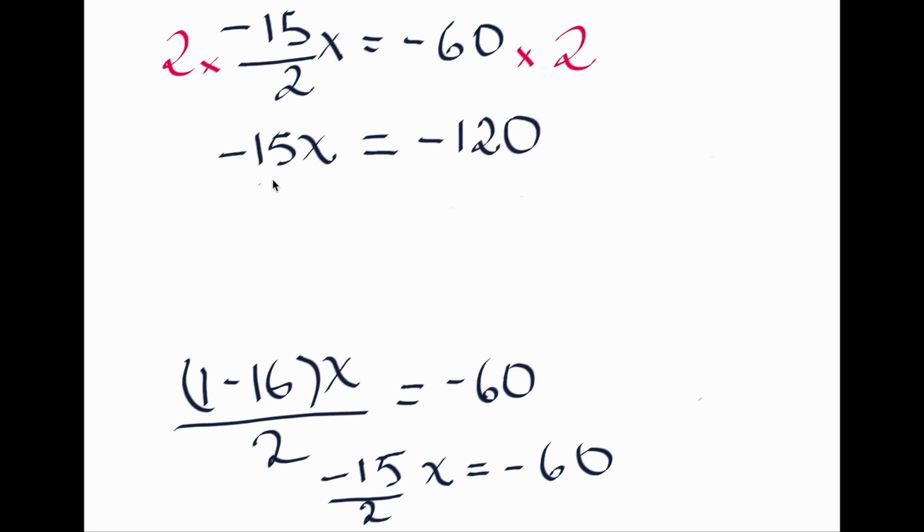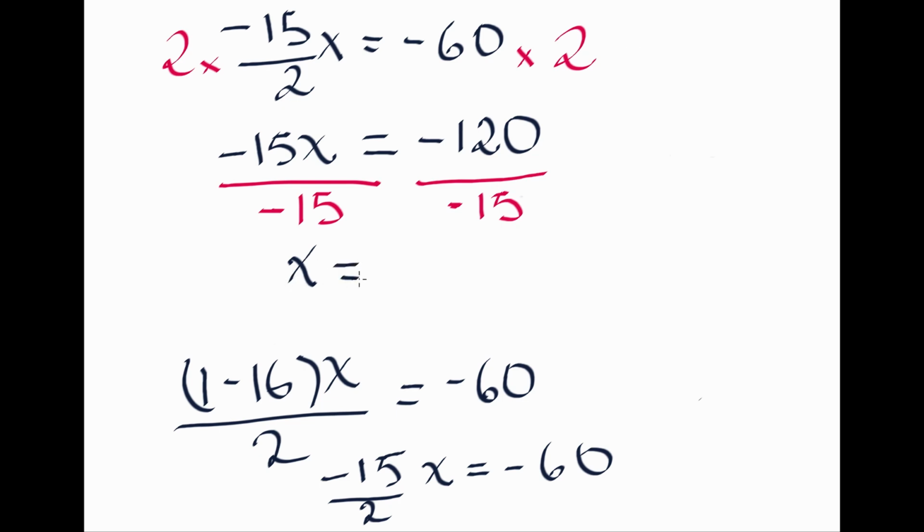And now the negative 15 is multiplying the x, so we need to divide both sides by negative 15. So negative 15 divided by negative 15 is just 1.